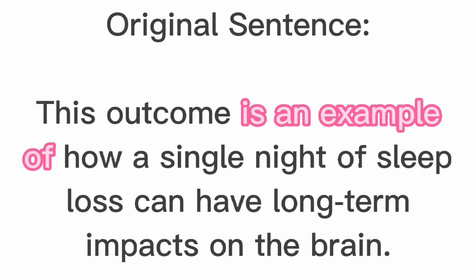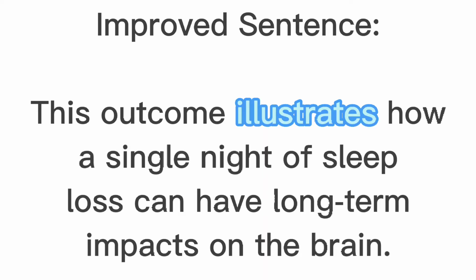This is the improved sentence: This outcome illustrates how a single night of sleep loss can have long-term impacts on the brain. So we use the more dynamic, more precise verb illustrates than is an example of.